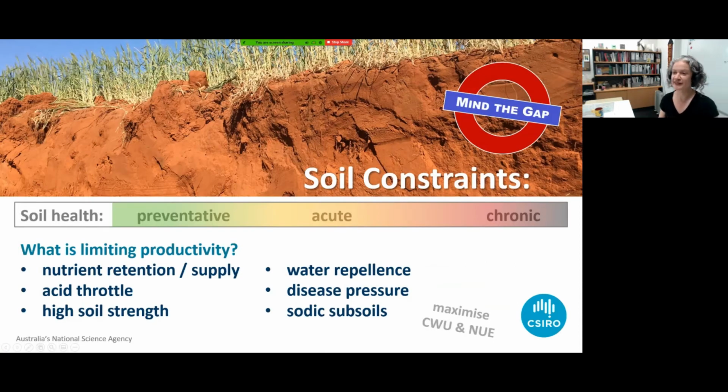So key to understanding how to manage these systems is really understanding the soil constraints and where they occur within the profile.